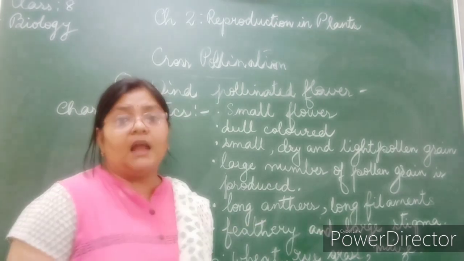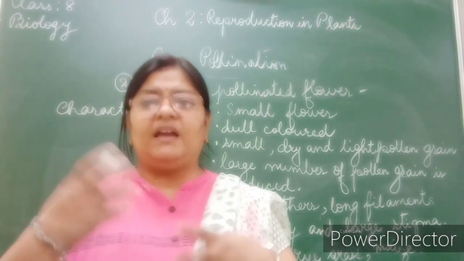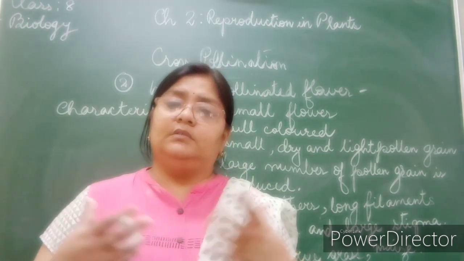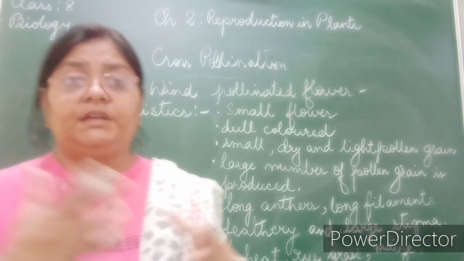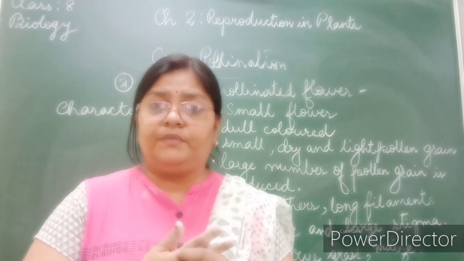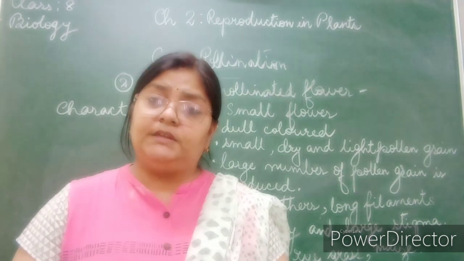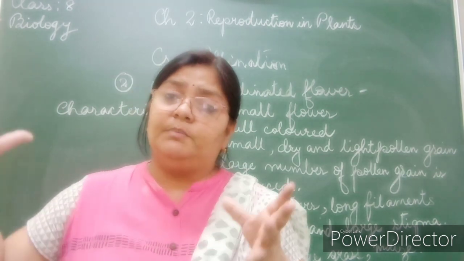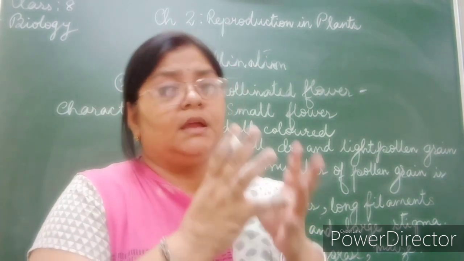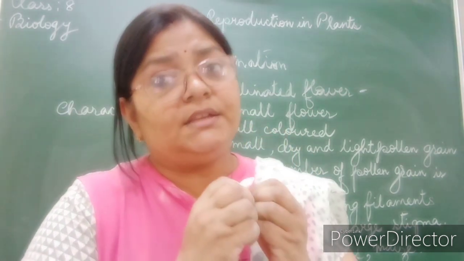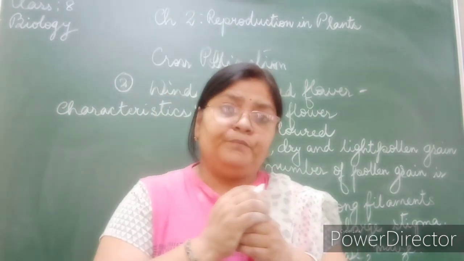The feathery and large stigmas, how do they help? The carpel may be having 2, 3 styles with feathery stigma, it is seen in wheat, rice or maize very prominently. So what happens? Because of the feathery and large stigma, the pollen grains which are being blown along with the wind can get attached to the feathery stigma as the wind is passing by.